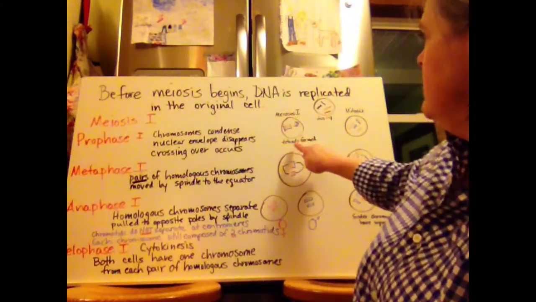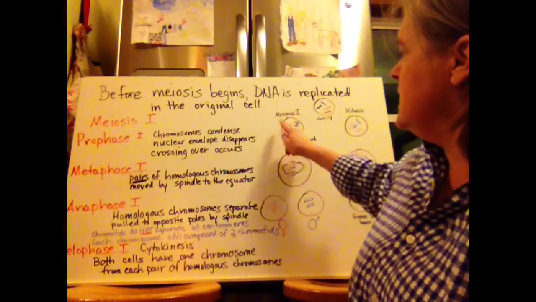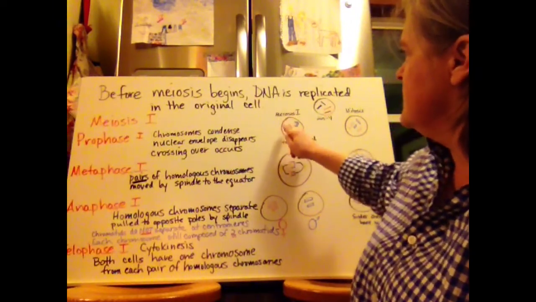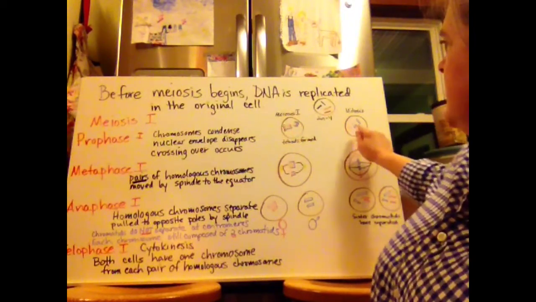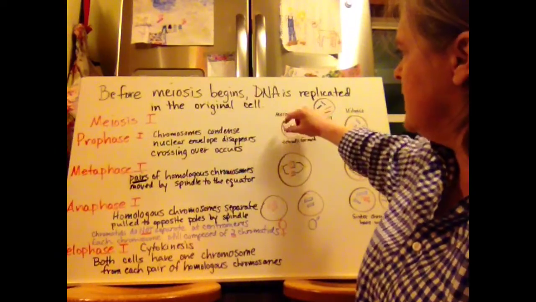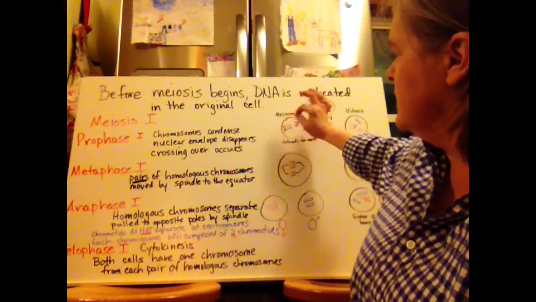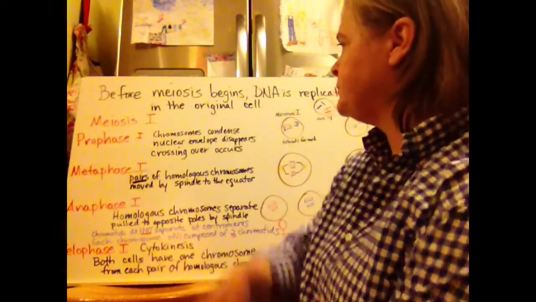When you compare meiosis and mitosis, you can see that the tetrads are together, whereas they are separated in mitosis. In meiosis, the tetrads, the homologous chromosomes, all come together and form.